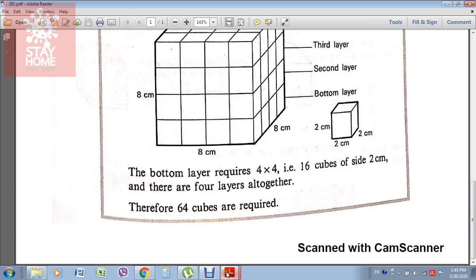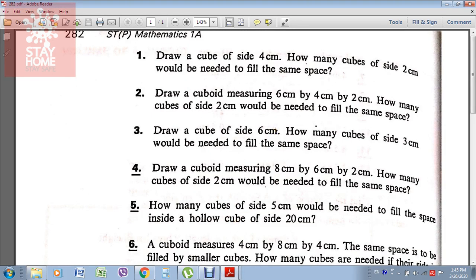Next page. Now you will draw the cube. Draw a cube of side 4 centimeter. How many cubes of side 2 centimeter would be needed to fill the same space? 1 cube is equal to 2 centimeter.